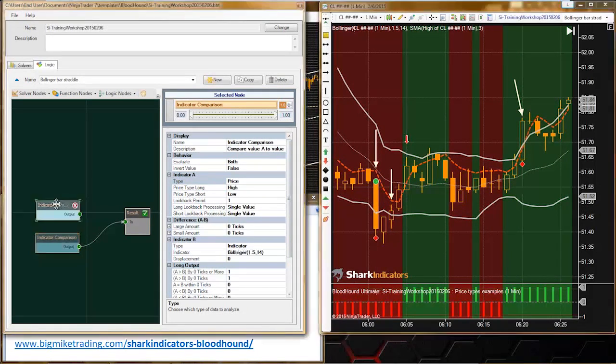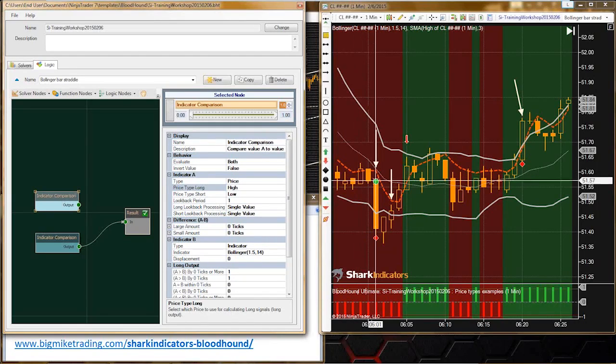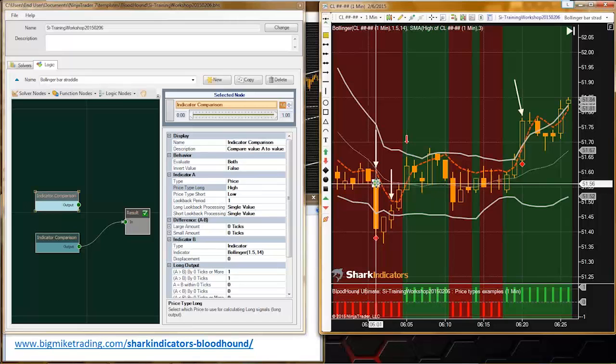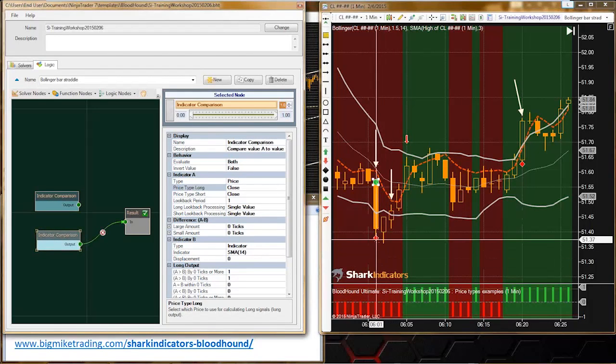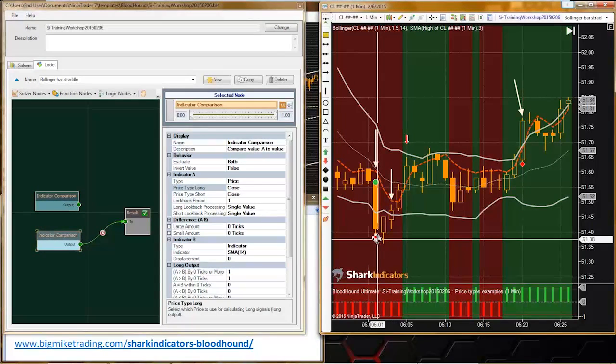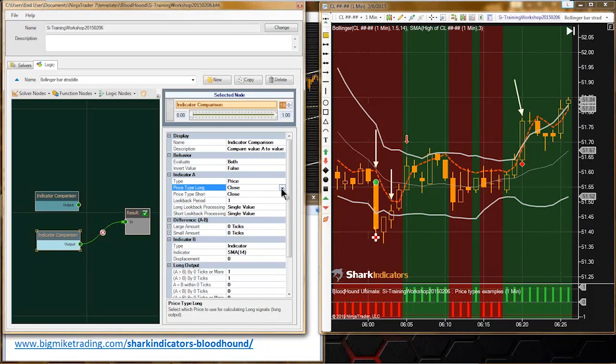Let me just double check. Yeah, okay. The other solver was looking at the high price for this bar that's straddling the lower band. So this solver is going to be looking at the low price to make sure that the low price is below. So let's set our price to low.